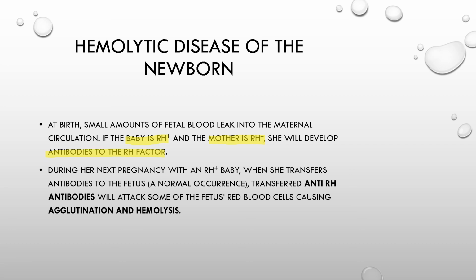If the mother becomes pregnant again, however, her anti-Rh antibodies can cross the placenta and enter the bloodstream of the second fetus. Now, if that fetus is Rh negative, there's no problem because the Rh negative blood doesn't have the Rh antigen for those antibodies to attack.